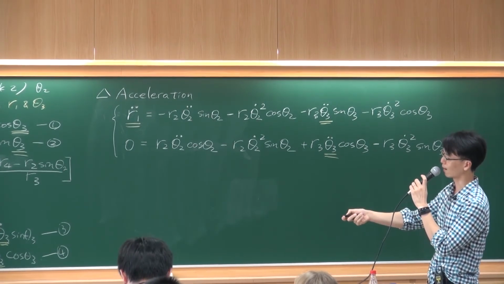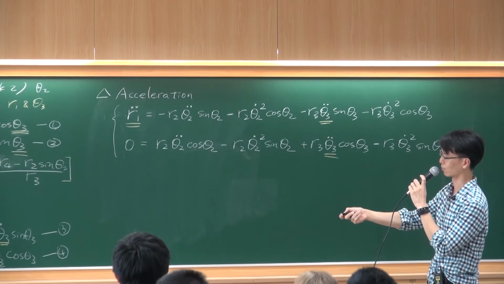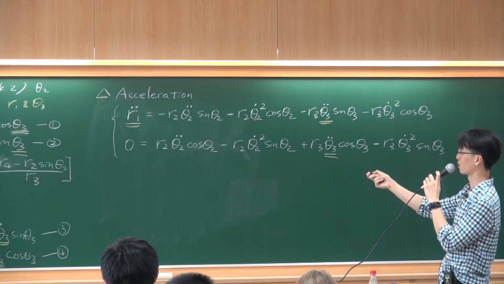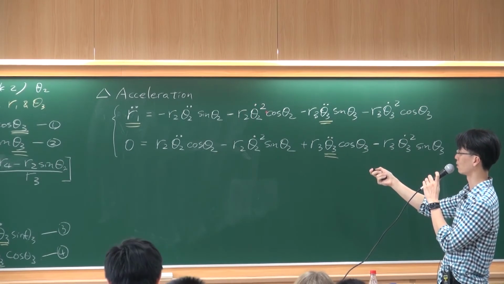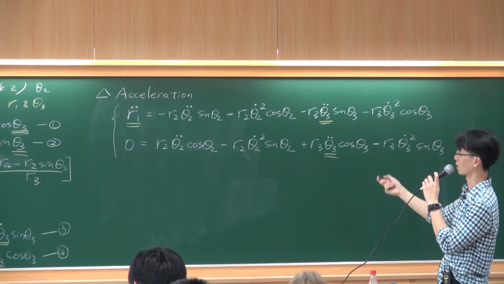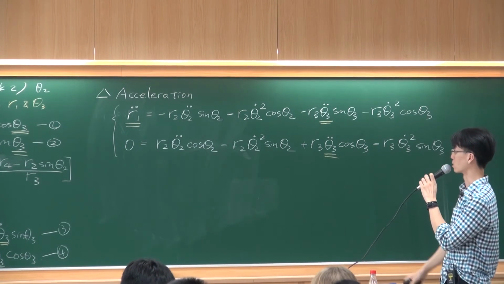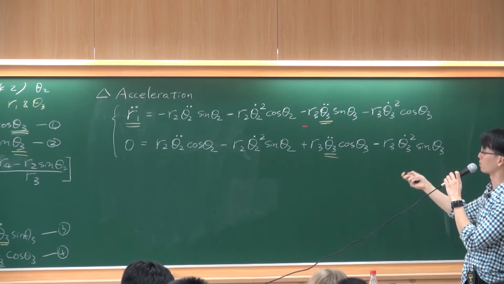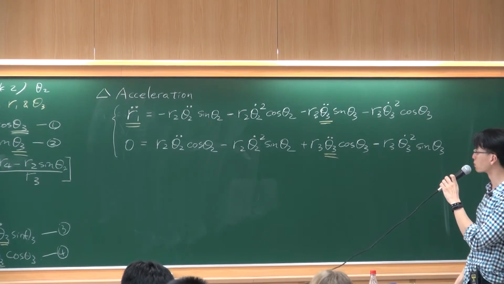But you also do the time derivative for the sine theta 2 again. By doing so, you will get minus R2 theta 2 dot square times cosine theta 2. And same as R3 theta 3. So this one is similar to R2 theta 2.